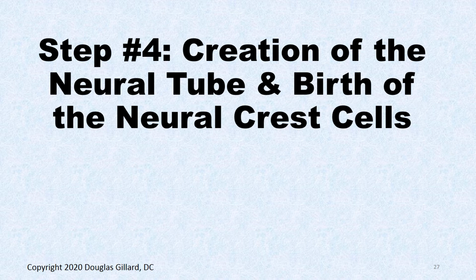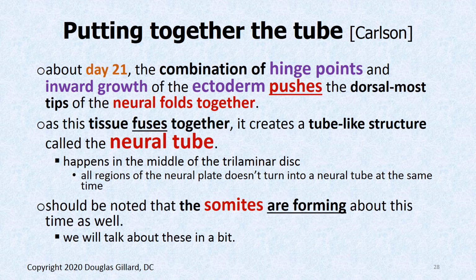But nevertheless, let's create this neural tube. Let's keep the story going. So about day 21, right? So that's the end of week 3, the starting of week 4. All the triangular shaped cells and the hinge points and the growing ectoderm finally connects the once flat plate into a tube-like structure.